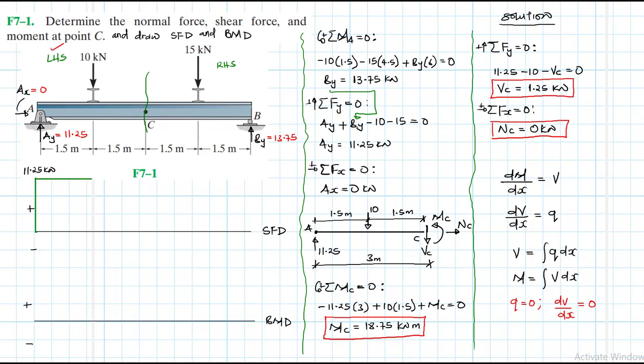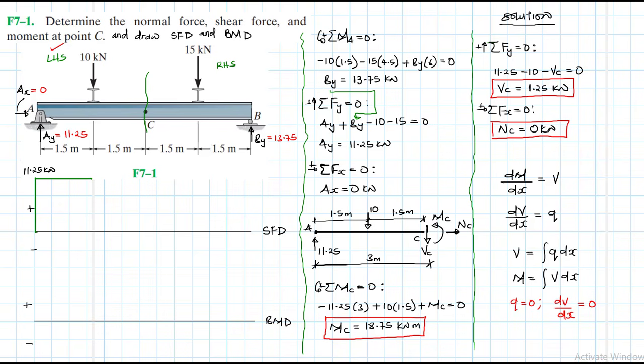The moment we reach there, we have a point load. This point load will need to interact with this 11.25. They'll either add or subtract depending on the sign. 11.25 is positive and 10 is negative, so they'll add up algebraically: 11.25 minus 10 kilonewtons gives 1.25.